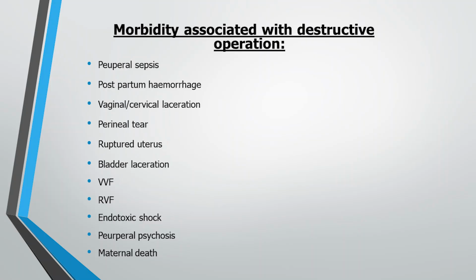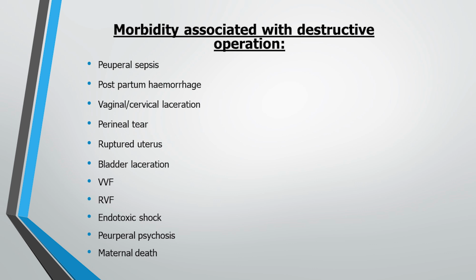But there is morbidity. A lot of morbidity could be associated with destructive operation, because usually the major cause of that is obstructed labor. And in our clime here, the majority of our patients will probably be laboring in the church for about 24 to 48 hours before they come to you. So there is evidence of sepsis; puerperal sepsis is a major problem.